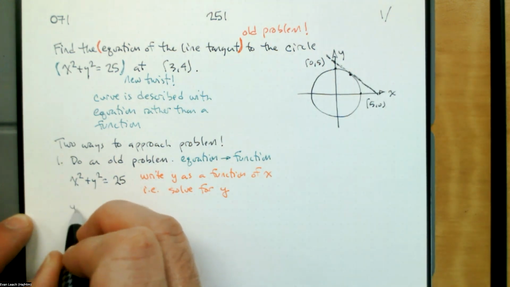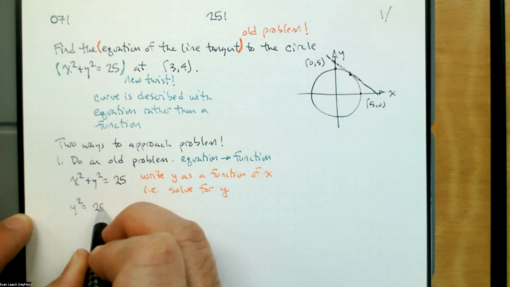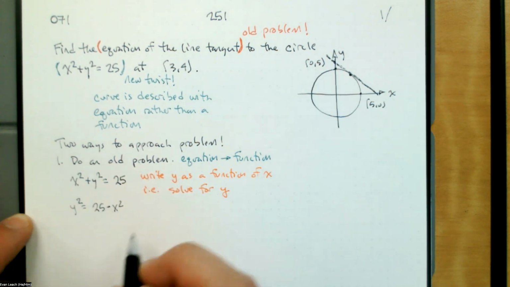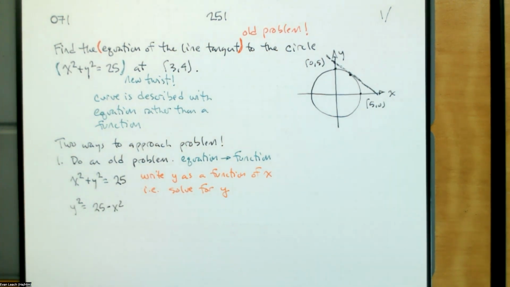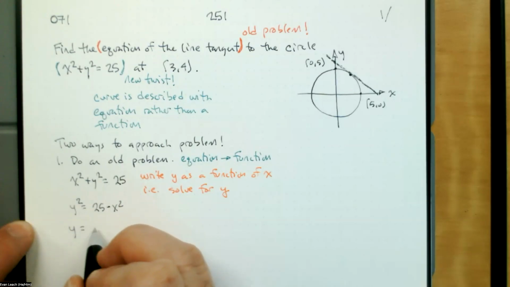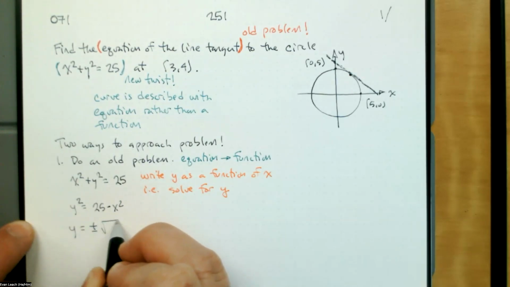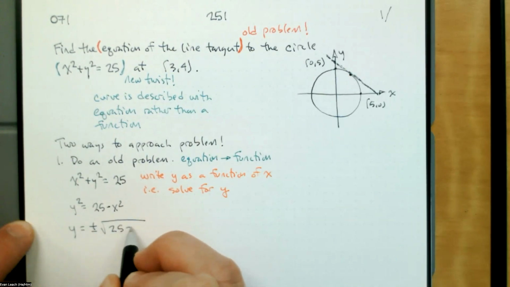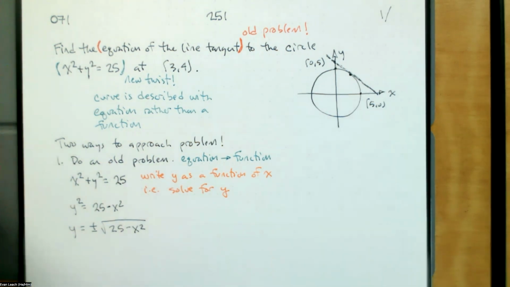So we say y squared is equal to 25 minus x squared. And now we have to get rid of the square. This is where our two solutions come up. Y is equal to plus or minus the square root of 25 minus x squared. The issue of solving this equation for y is that we don't end up with a function.